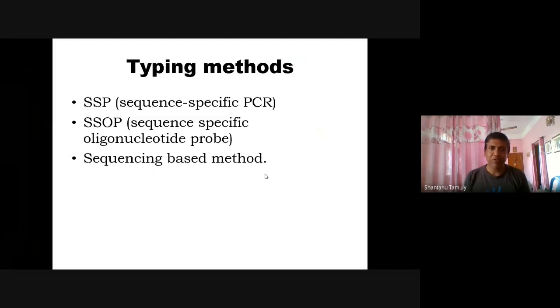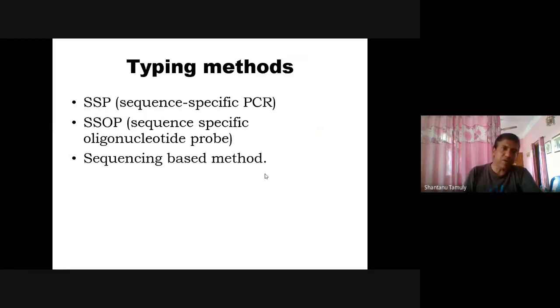Any individual whose sequence is similar to this individual will have more amplification. Other individuals whose sequences are more different from this individual will have less amplification. So it is based on how much amplicon, or how much amplified DNA, you are getting that we do the typing here.